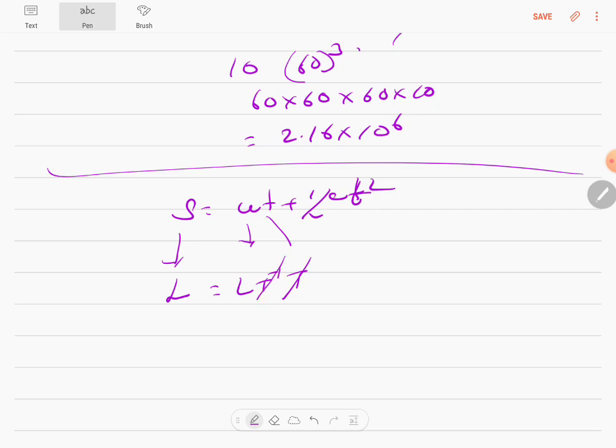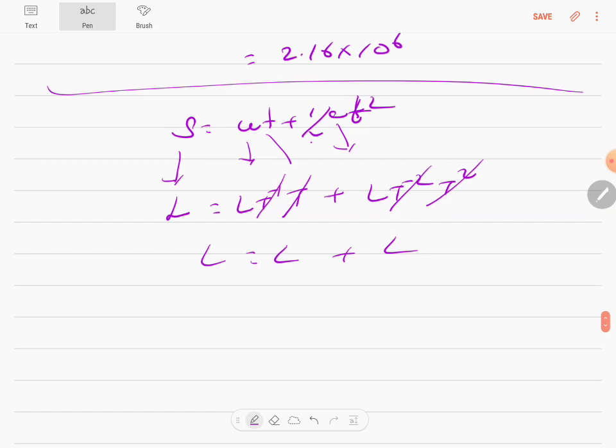So T to the power minus 1 and T get cancelled. Plus you can ignore the half. Acceleration is L T to the power minus 2 into T square. This and this get cancelled. So everywhere you have L. If the dimensional formulas in the left hand side and right hand side, every term, are equal, then it's dimensionally consistent. So you can verify like this for any equation that they give, whether LHS equal to RHS.